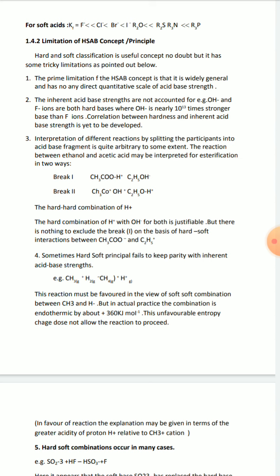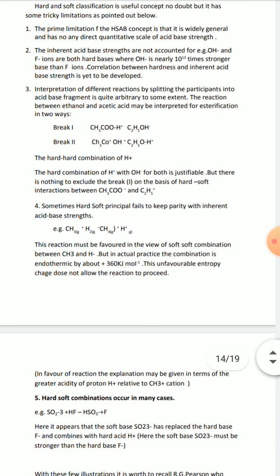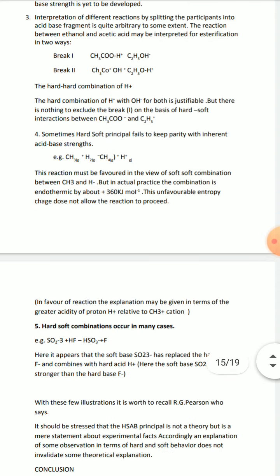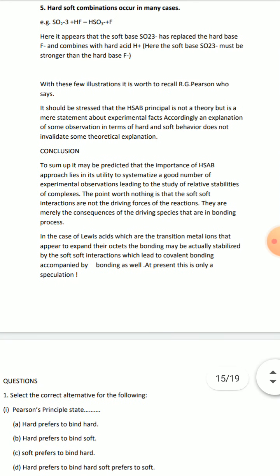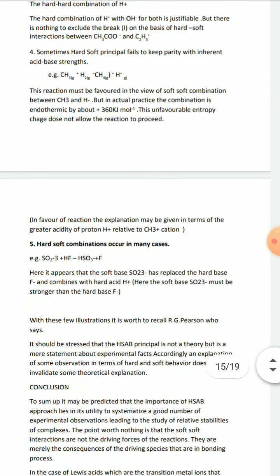The hard combination of H+ with OH- is justifiable, but there is nothing to exclude, on the basis of hard and soft interactions, a combination between CH3COO- and C2H5+. Sometimes the hard-soft principle fails to keep pace with inherent acid-base strength. So these are the limitations of hard and soft acids. So this is about the HSAB principle.